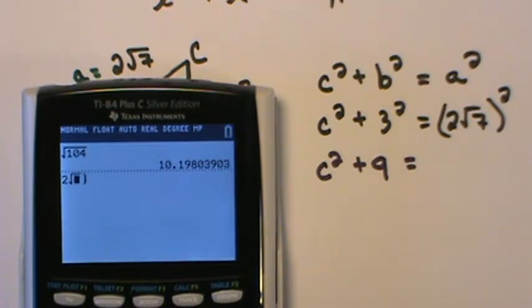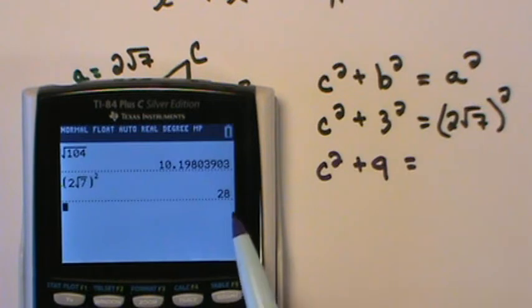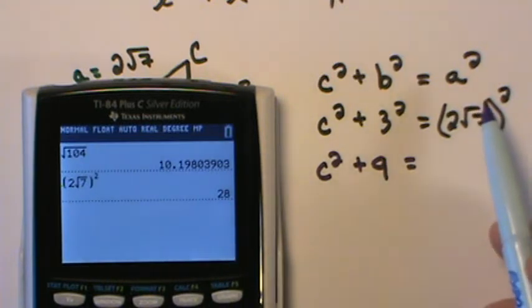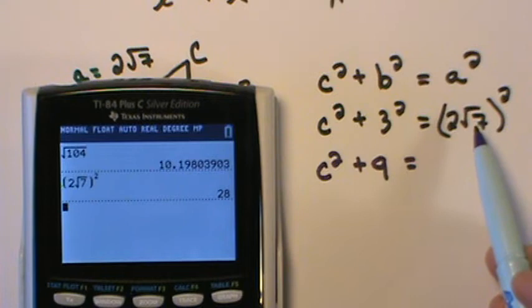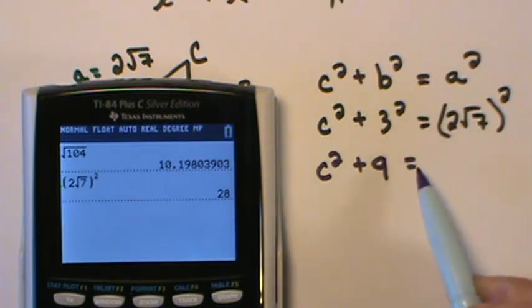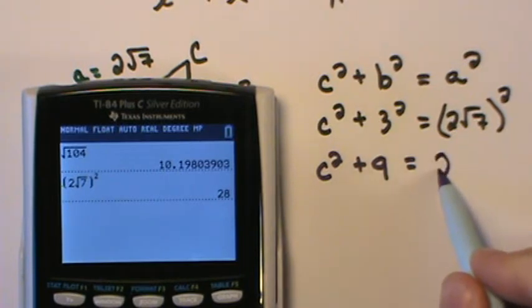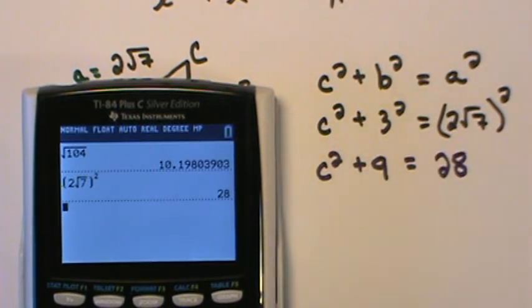And we'll put parentheses around that. And then I'll square it. And that comes out to be 28. Now I will explain how that works. What you're doing is you're squaring each component here. So 2 squared is 4, and square root 7 times square root 7 is just 7. So it becomes 4 times 7, which is 28. We'll talk more about that here in the very near future.